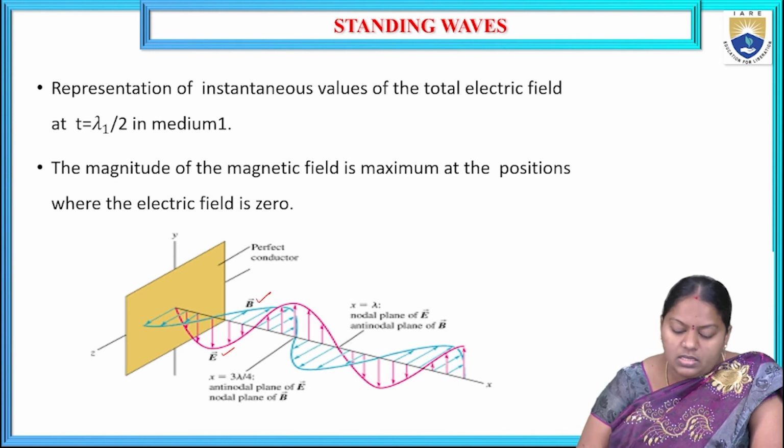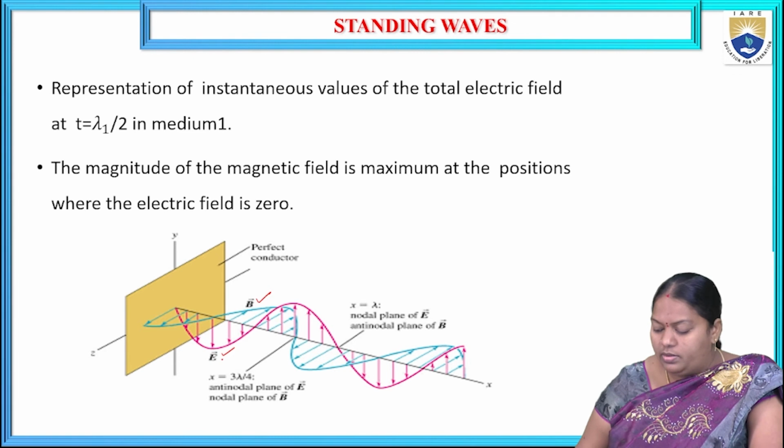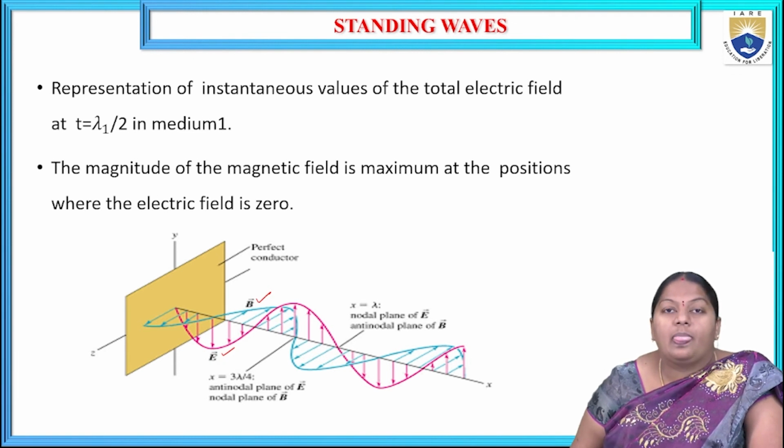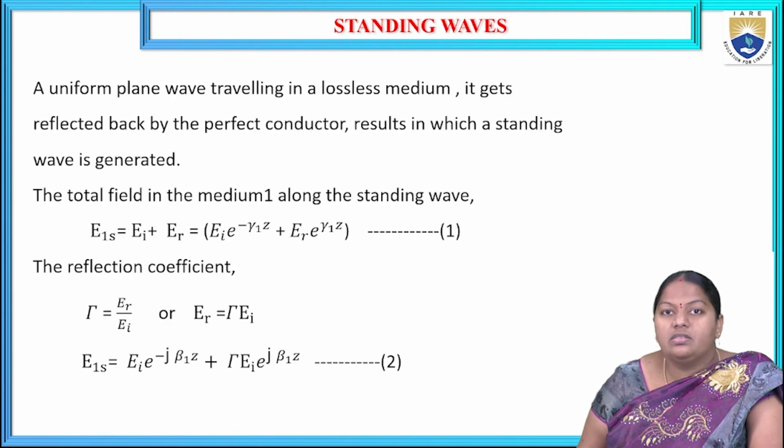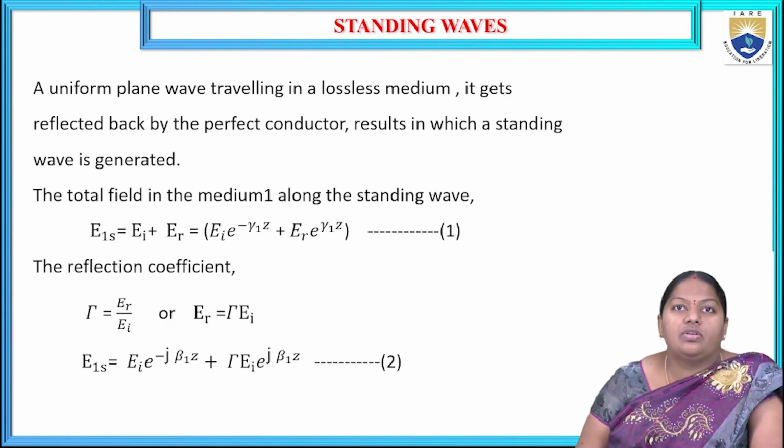Okay. See, the blue lines are represented as magnetic field intensity vector lines, and the pink lines are represented with electric field intensities, right? If you observe, those two differ by 90 degrees phase. Hence, E and H are orthogonal to each other, right?